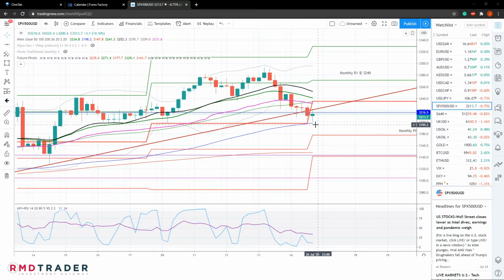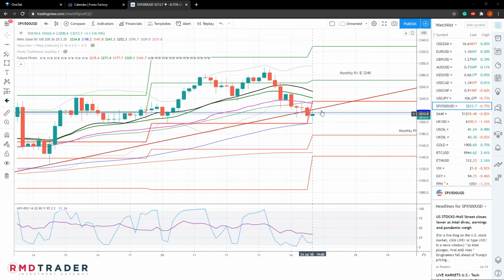Of course, should we see bullish price action above our 4-hour 100 SMA, and even if we should also, of course, be able to get above our weekly pivot at 3,235, so that would probably be the immediate target. So we need to get the price back above this diagonal support. So there's the dark red line that you can see over here.